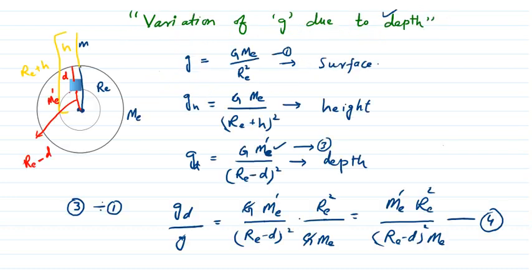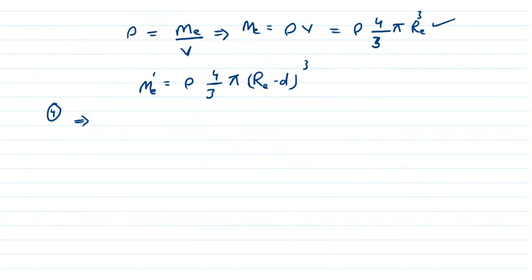If we see, this is equation number 4. So we will put the value of Me prime over here. This is g d divided by g.